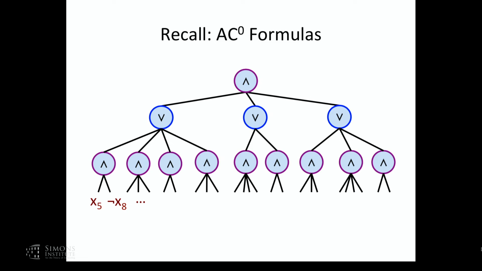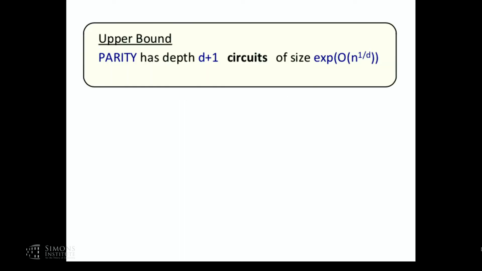Okay, so can we do anything better for AC0 formulas? So recall an AC0 formula is just an AC0 circuit with the structure of a tree. So we saw this upper bound on the AC0 circuit size of parity.